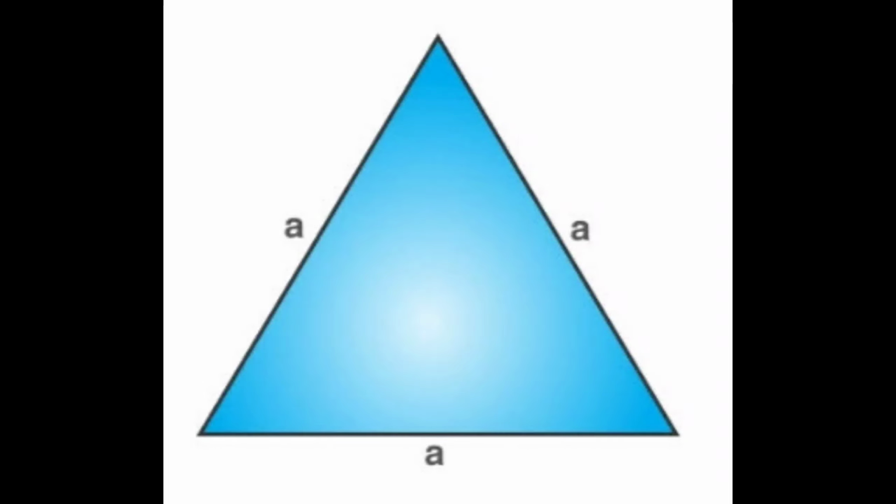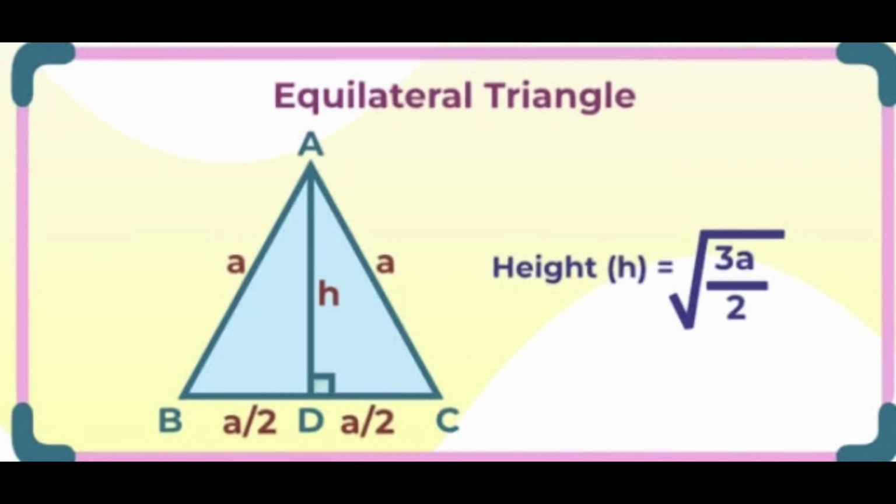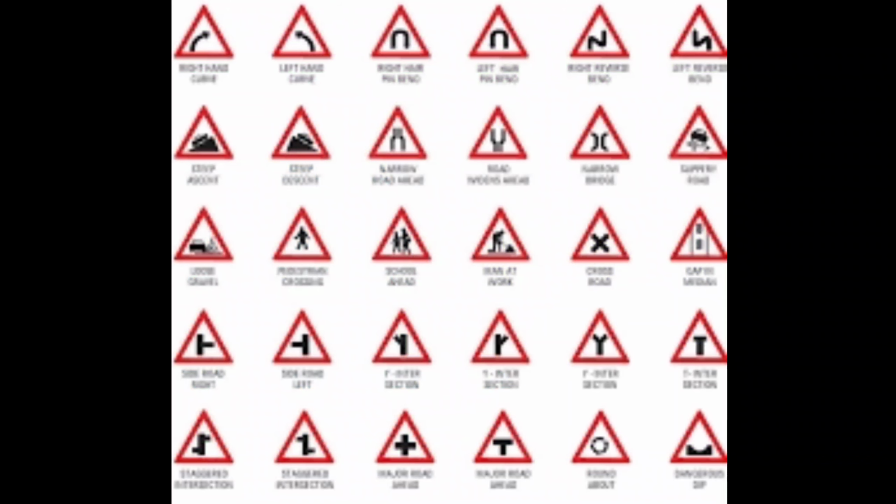So the perimeter of an equilateral triangle is the sum of all sides, and the area of the equilateral triangle is equal to root 3 by 4 multiplied by a square. And an example of equilateral triangle is traffic signs.